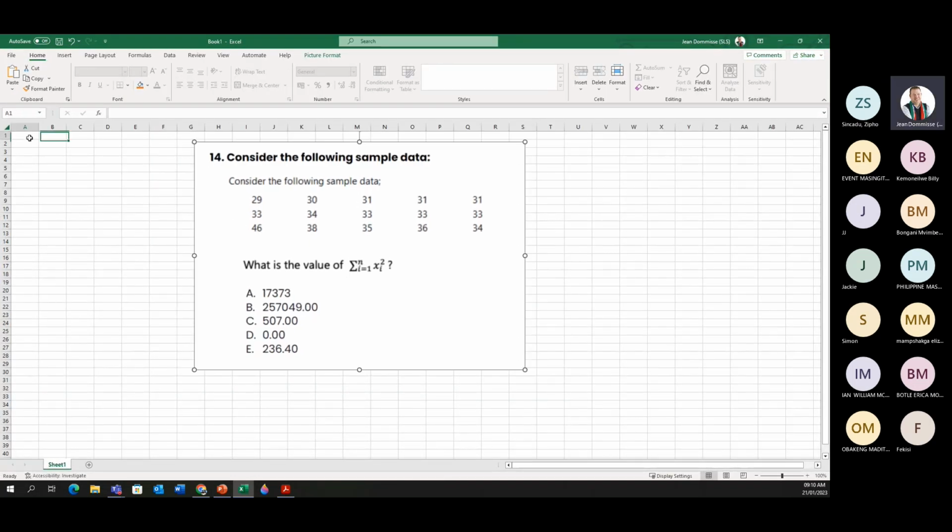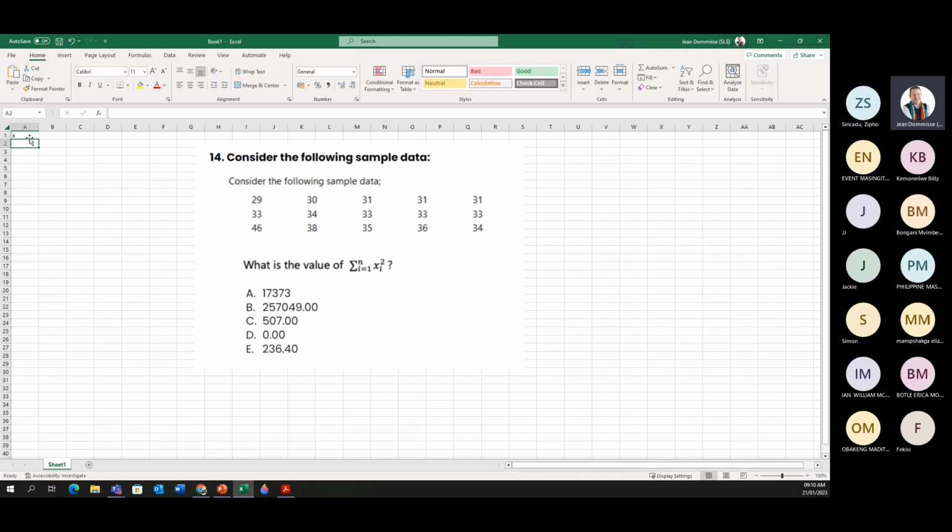Okay, so I would have just said, that is X, that is what we're working with. 29, 30, 31, 31, 31, 33, 34. I'm not going to worry now about doing the sorting.